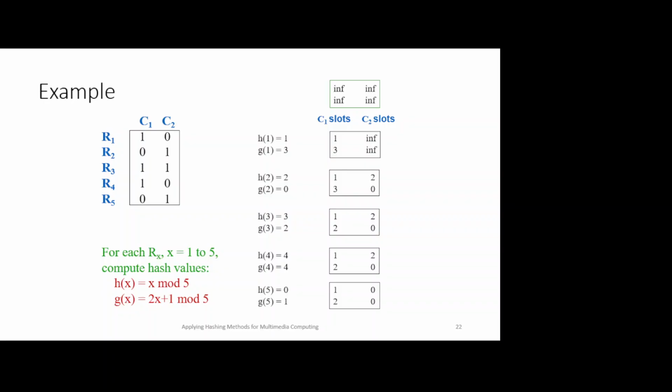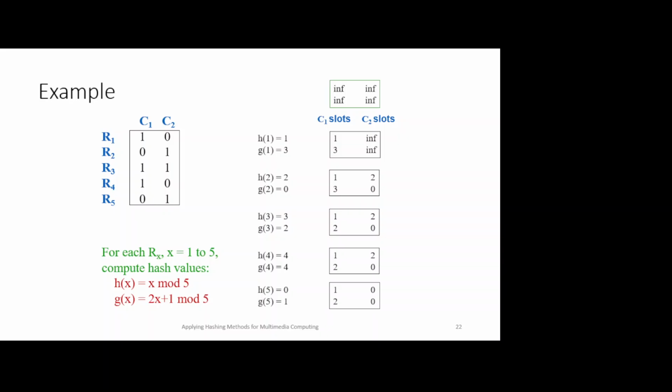So the initialization is like this: the first document signature and the second document signature. Let's start from the first row, then the second row, third row. We just follow this way.